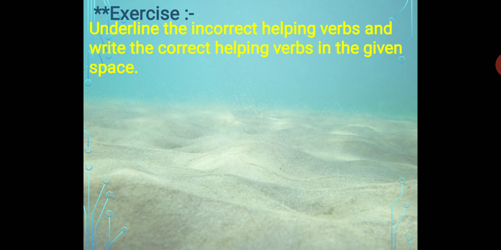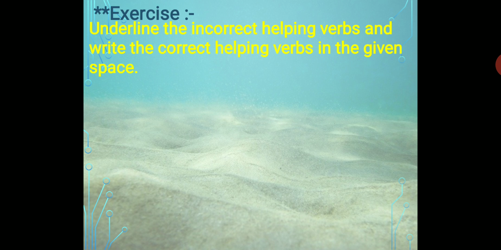When we read the sentence, we get an idea that this helping verb is wrong. Then we underline it and write the correct helping verb in the given space.